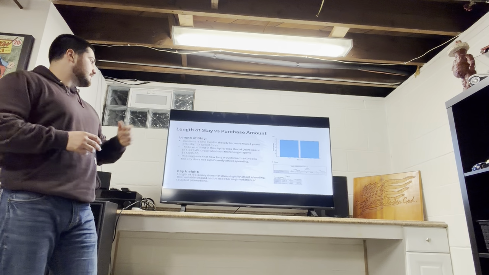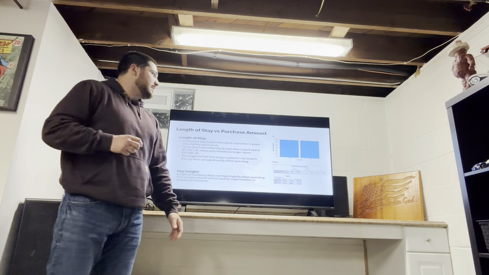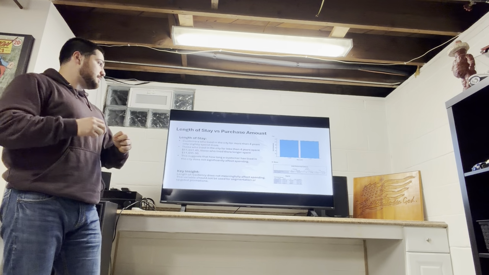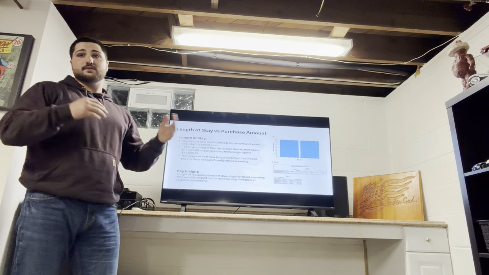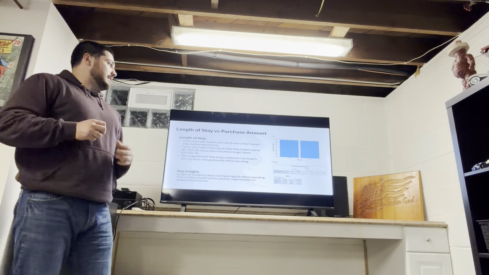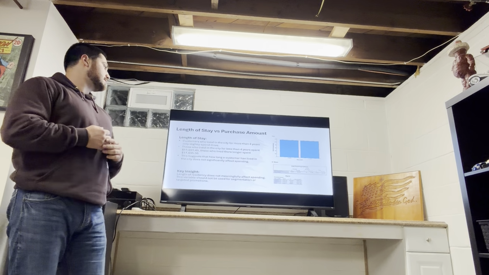Now length of stay. As you can see here in this bar graph, there wasn't a huge difference between people who lived in the city for more than 4 years versus less than 4 years. But there was a slight increase in spending for people who have lived there for more than 4 years.